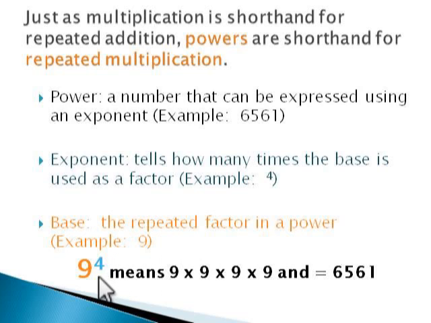Okay? So, 9 to the 4th means you have 4 9s that you're multiplying together. So you do 9 times 9 is 81, 81 times 9, and then that product times 9, and you get an answer of 6,561. All right, I think this is a review for you.